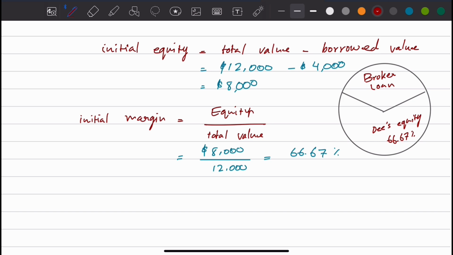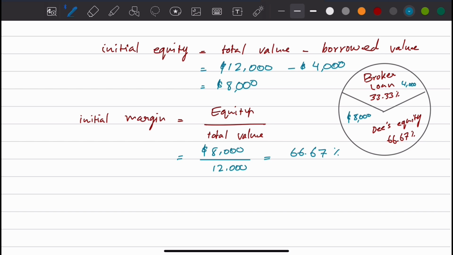I'll just go 100 minus the previous answer. So 100 minus 66.67, that's 33.33%. Okay? Now this amount here is $4,000, and this amount here is $8,000. Right? Okay, we'll keep that in mind for now.